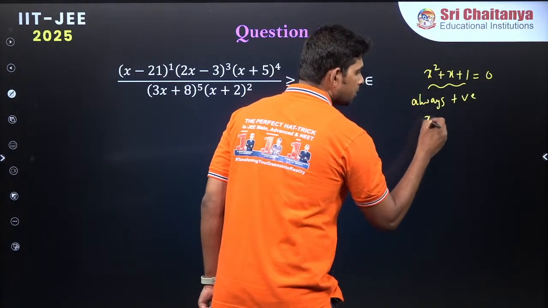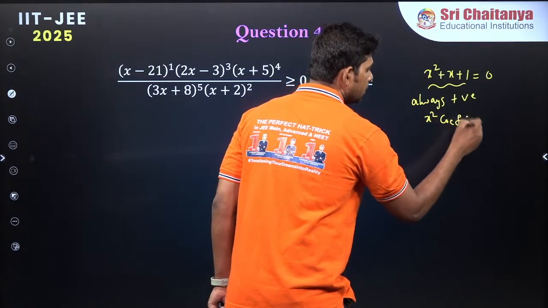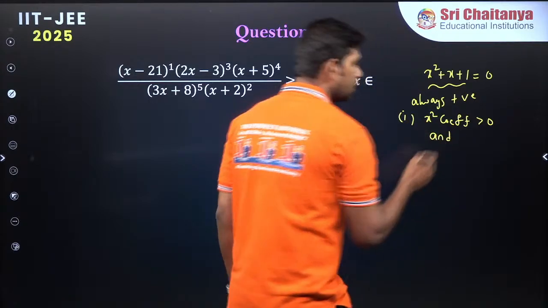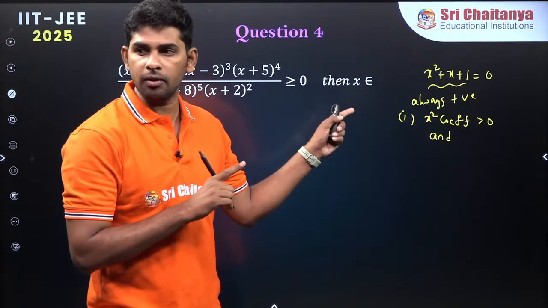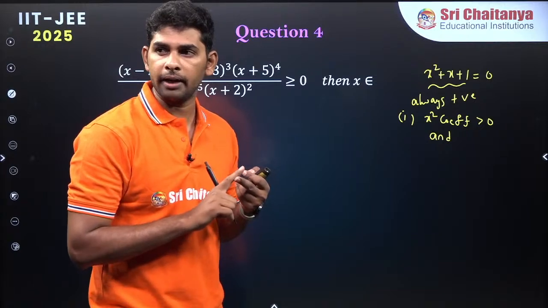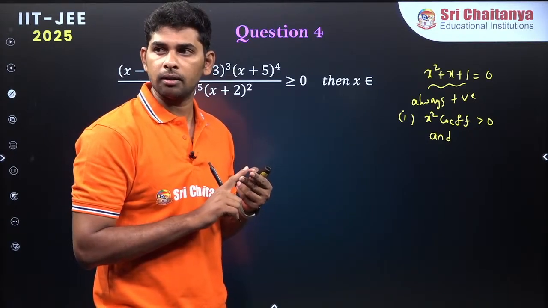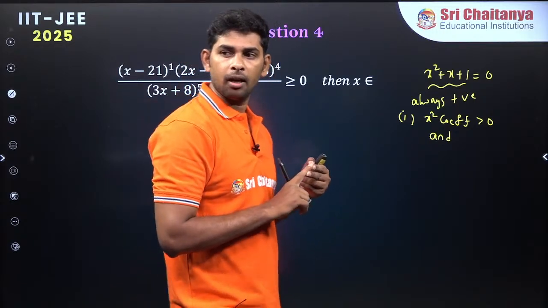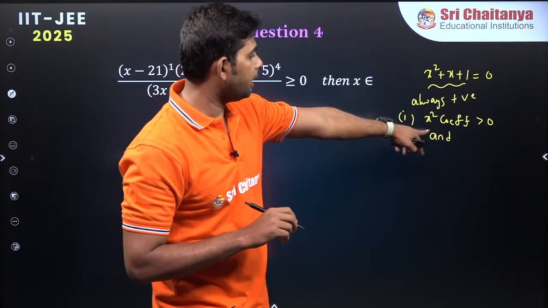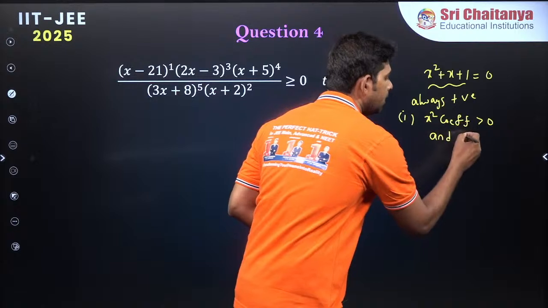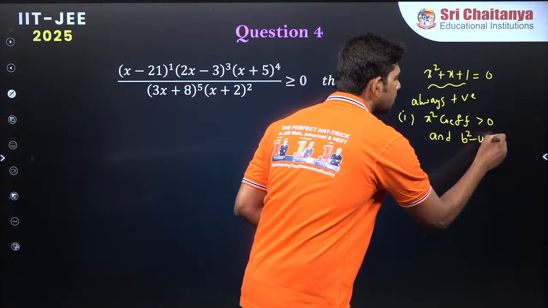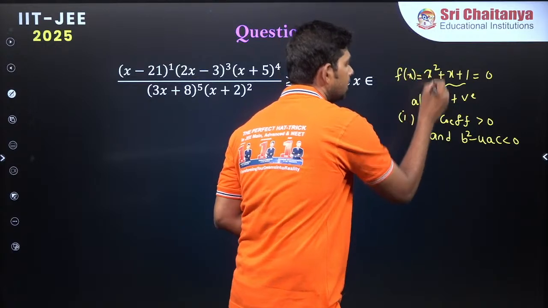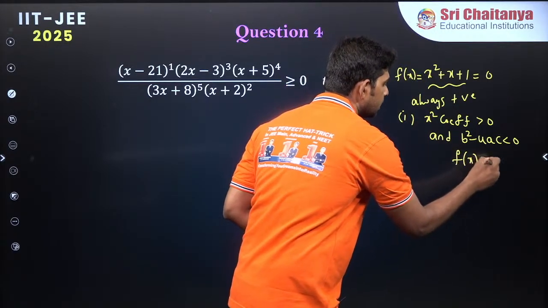Now if the x square coefficient is positive, and as you are asking about the imaginary roots, very good Harsha, you have got the answer. Very nice. Now here, if the x square coefficient is positive and b square minus 4ac is negative, then f of x is always greater than 0.